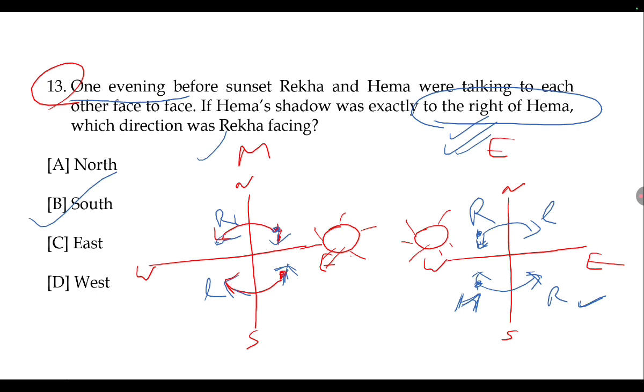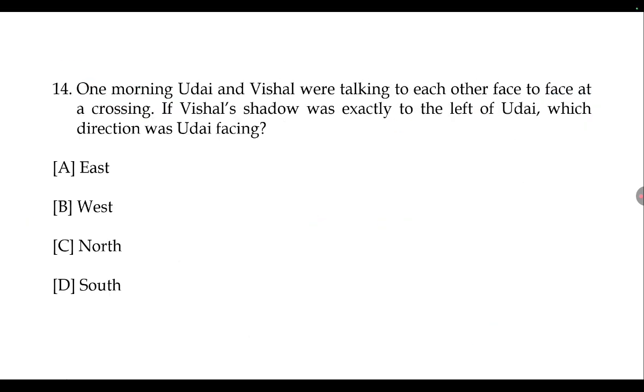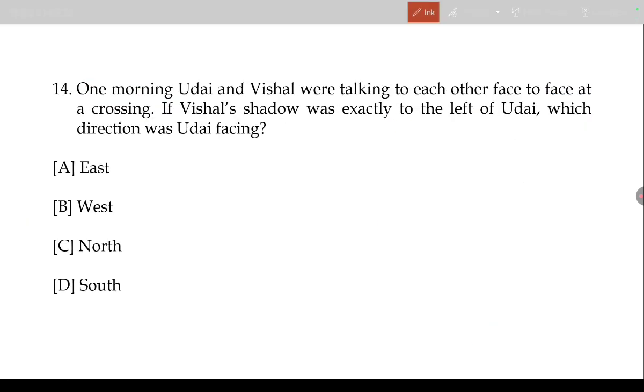One more, let me teach you to understand it completely. Similarly, one morning. Now they said morning, so I'll read my entire question later. Now they said morning side, so I'll create my diagram. If it's a morning side, the sun is here.